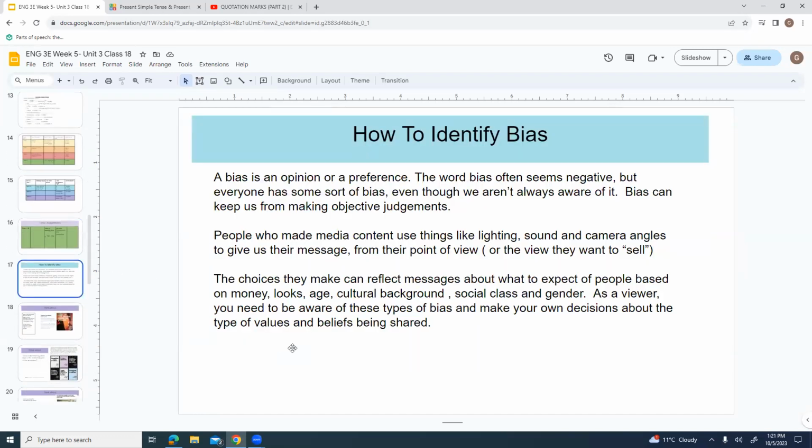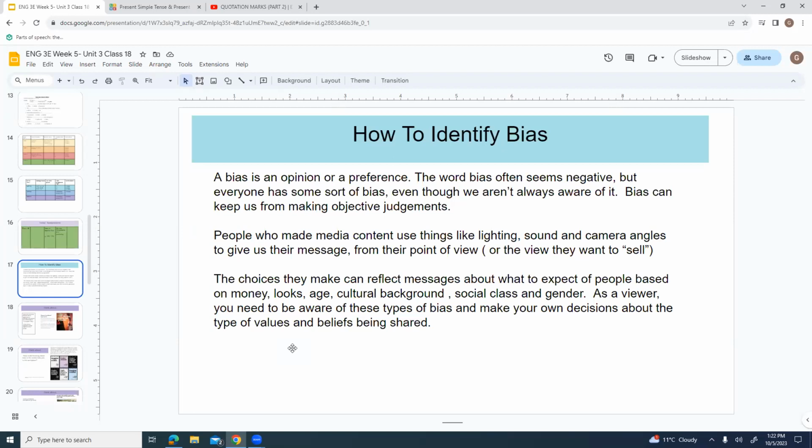So, how to identify bias? A bias is an opinion or a preference. The word bias often seems kind of negative, but everybody has some sort of bias, even though we aren't always aware of it. Bias can keep us from making objective judgments. People who make media content use things like lighting, sound, and camera angles to give us their message from their point of view or whatever view they want to sell.